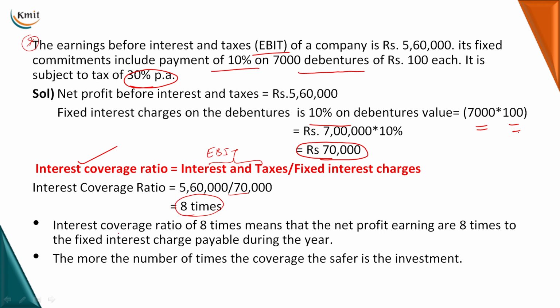So this is the interpretation of the result: the interest coverage ratio is 8 times. That means the earnings are 8 times more than the fixed interest charges payable during the year. So the more the number of times the coverage, the safer is the investment.